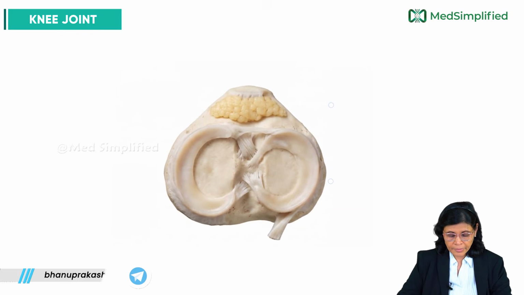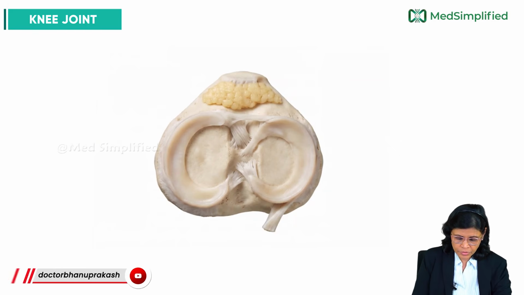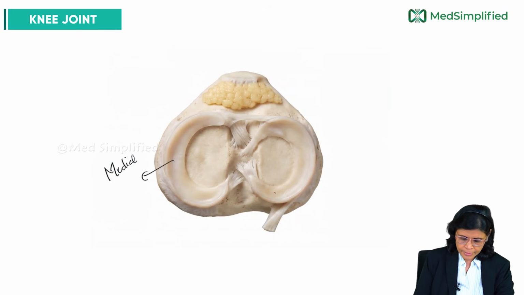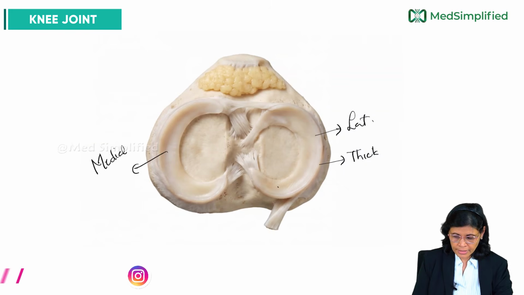So next is the medial and lateral meniscus. They are also called the semilunar cartilages because they are crescent shaped. The medial one is more semilunar, whereas the lateral one is circular. These are made up of fibrocartilage, and the periphery is very thick and the inner border is thinner.